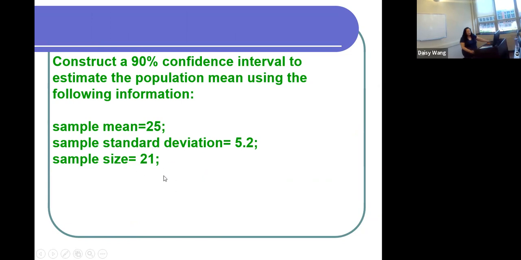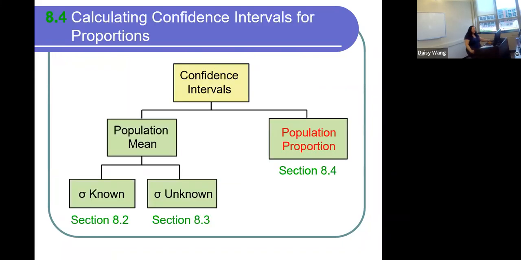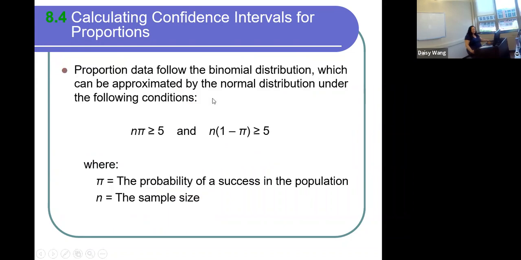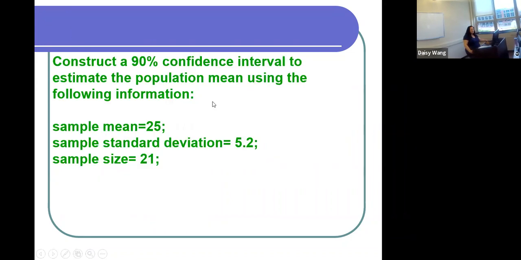Then we look up the degrees of freedom, which is 20, and the one tail is 10%, two tail is 5%, like 0.05. Yeah, so that's what we should calculate.